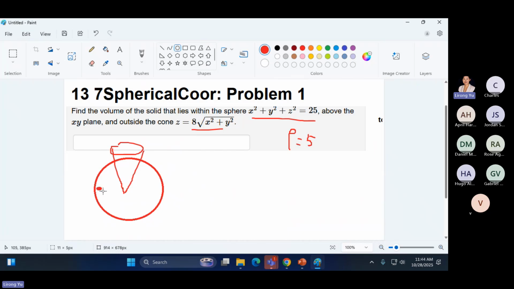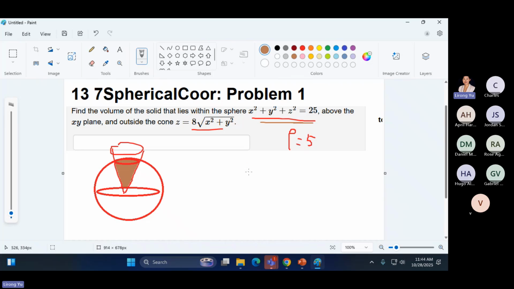The sphere will be intersecting the cone at an edge. So within the sphere, but above the cone, we're trying to find the region inside this. That is the volume we're calculating. It's kind of like an ice cream cone with a round top. The round top belongs to this surface, right?